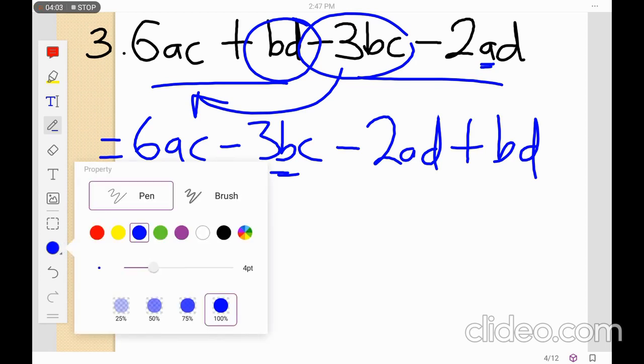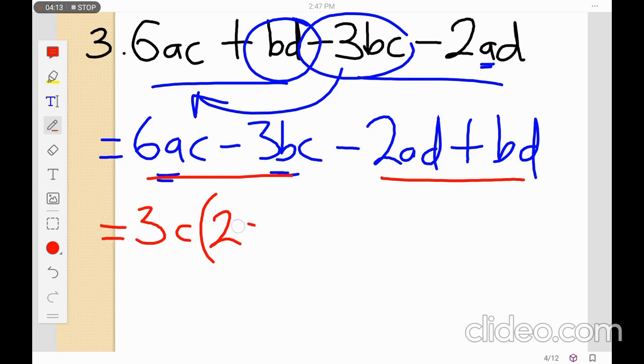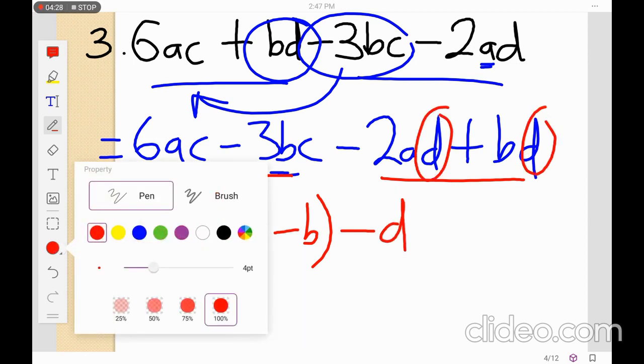Okay, now let's factorize groups of these terms. The first one, I can take out 3C, okay, and remain with 2A minus B, okay, like that. Then the second one, I've got a common factor D there, so I can take out minus D. Why am I taking out minus here?